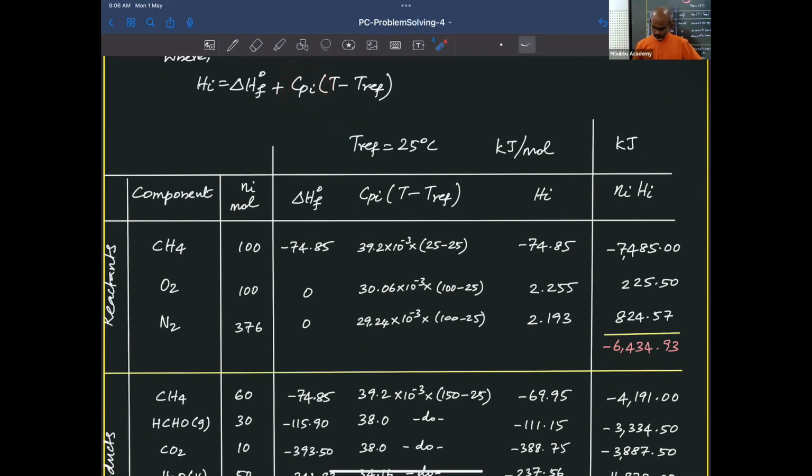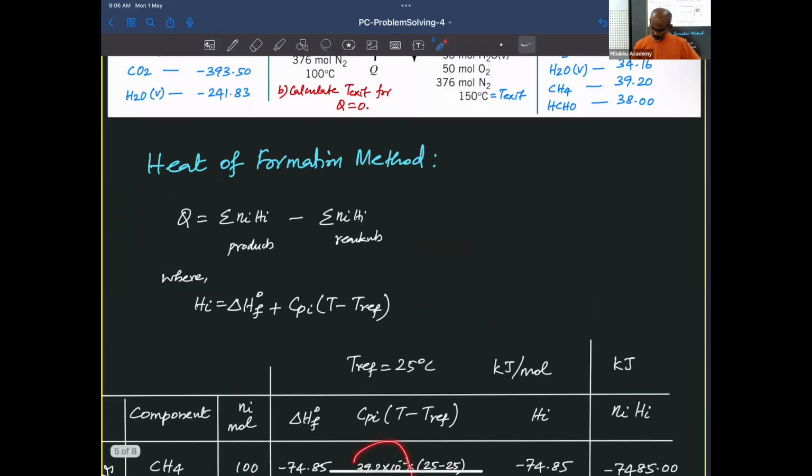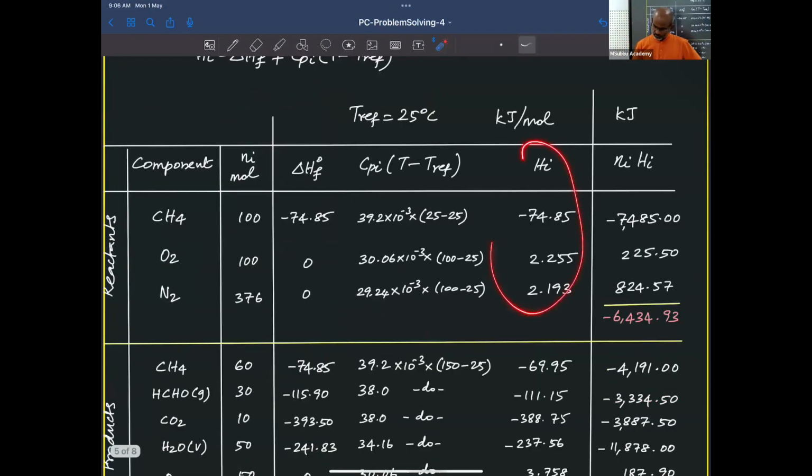Using those constant values already given, I'm calculating this Hi, which is delta Hf plus Cp delta T. For the feed, one component is at one temperature, and the other two components, this air, are at a different temperature, and this Hi is multiplied by Ni.